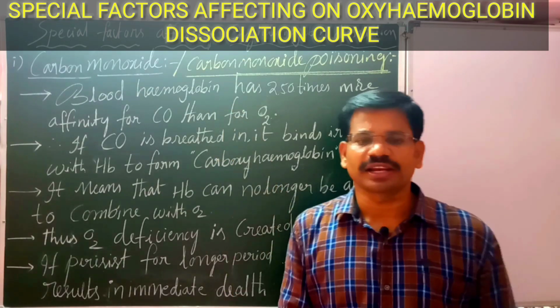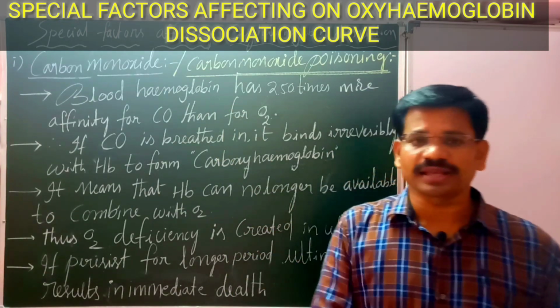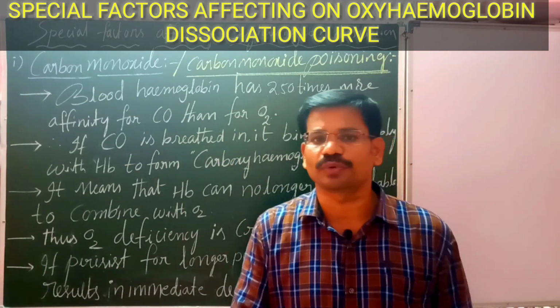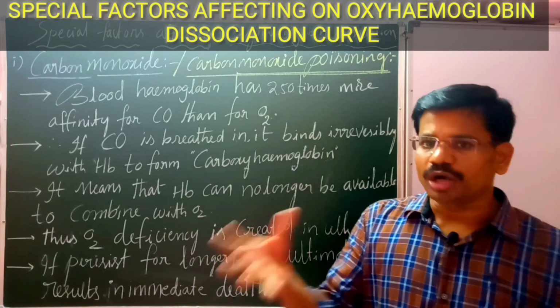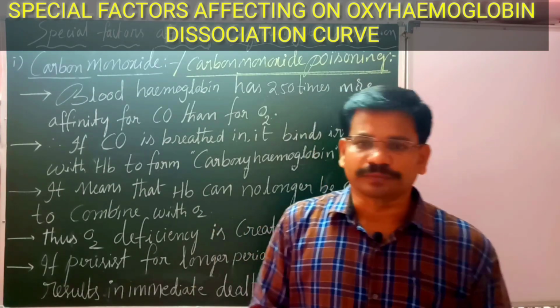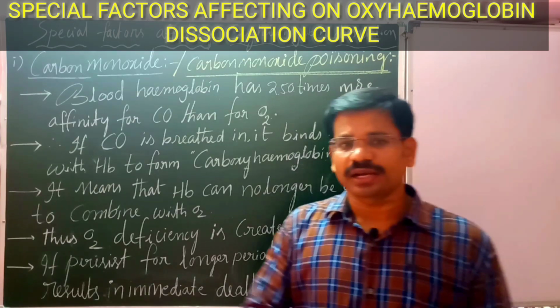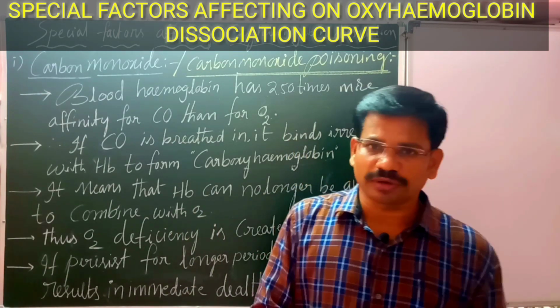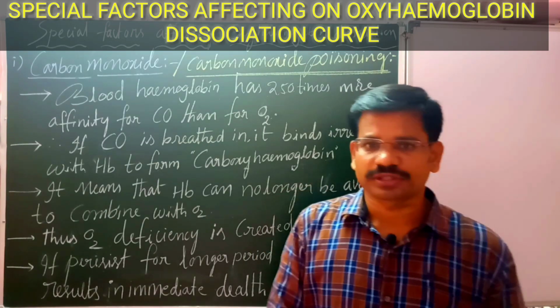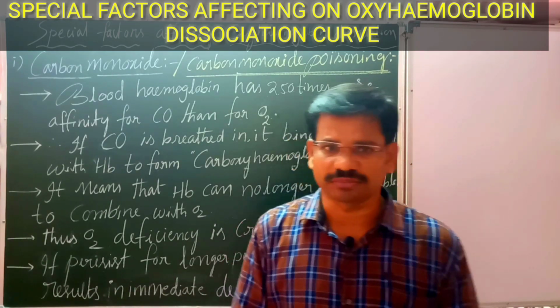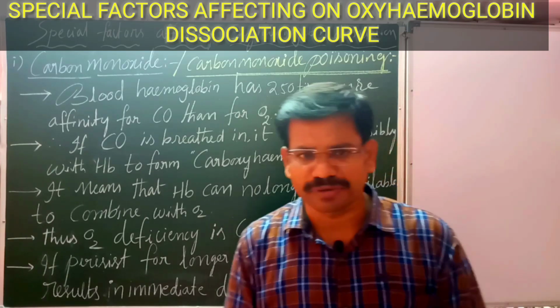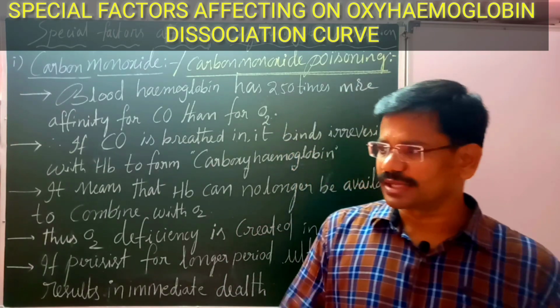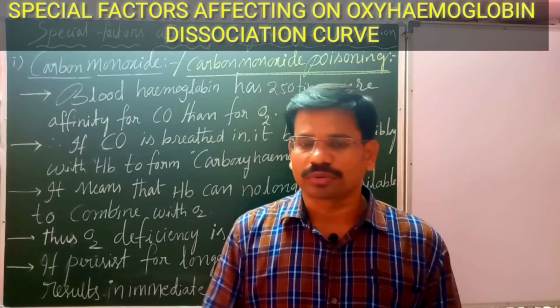Carbon monoxide is generally a colorless, odorless gas which is produced mostly from automobiles and tobacco smoking. It is a byproduct of the incomplete combustion of carbon-containing products, like hydrocarbons, petrol, diesel, and coal.